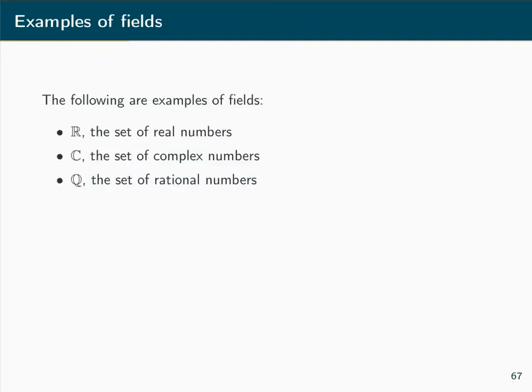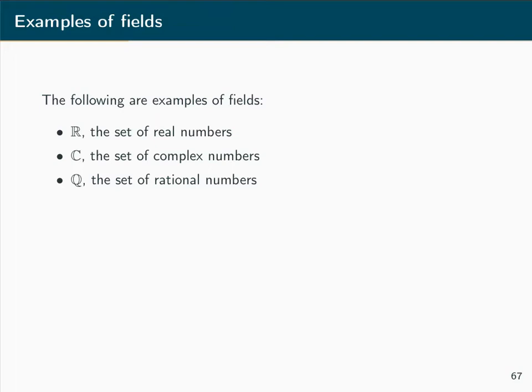When reading through definition 4.1, you may have realized that you already know some particular fields. In particular, the set of all real numbers R, the set of all complex numbers C, and the set of all rational numbers Q are particular examples of fields.